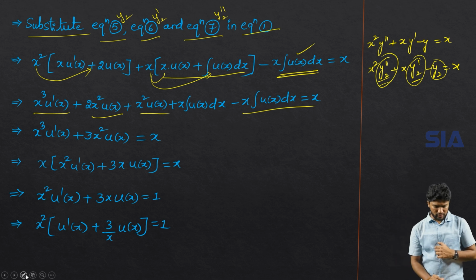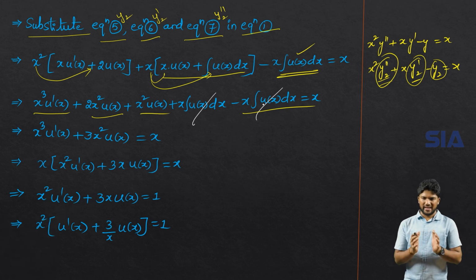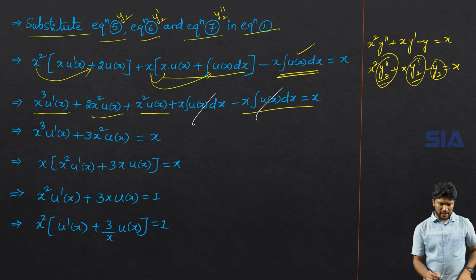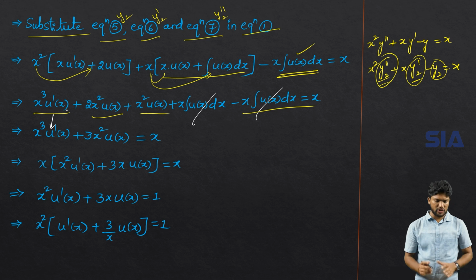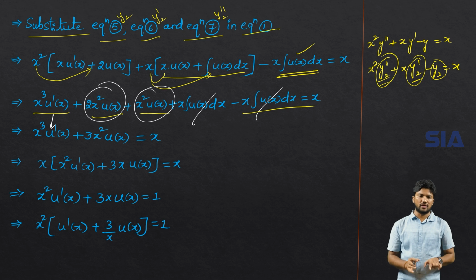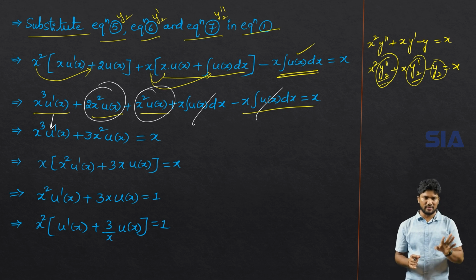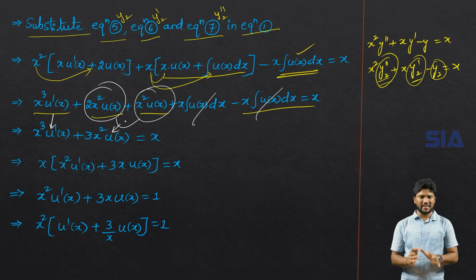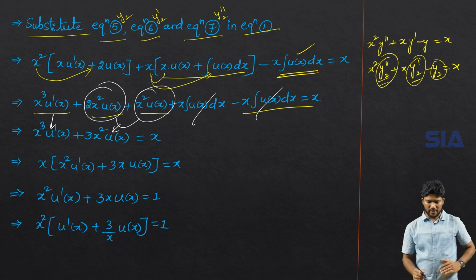If you observe carefully, the positive term x into integration u of x dx and the negative term minus x into integration u of x dx will get cancelled. The remaining term x cube into u dash of x we write as it is. Here 2x square and plus 1x square u of x are similar terms, so you can add them and get 3x square u of x, equal to the RHS value small x.